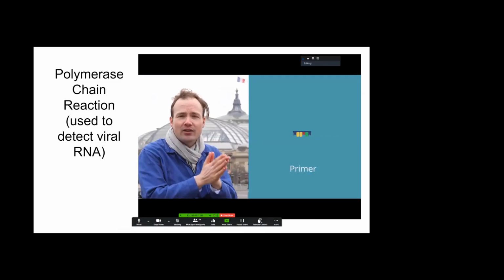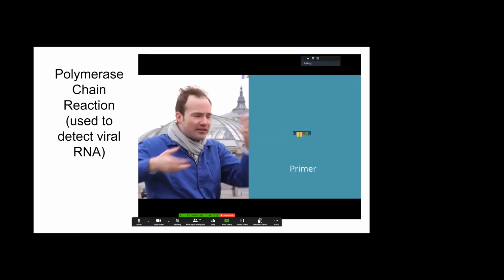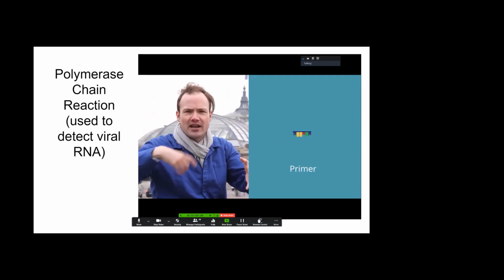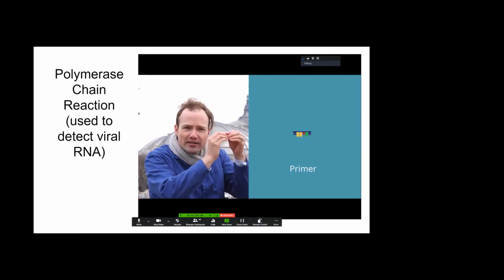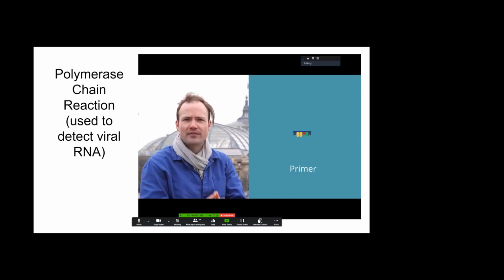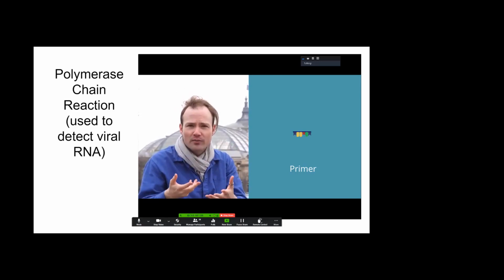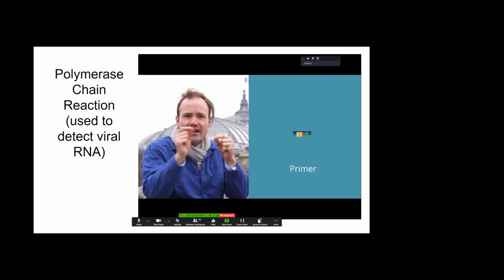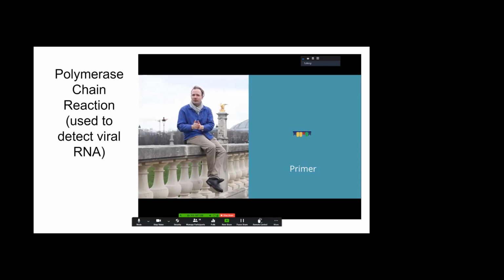Next, we have to tell our DNA polymerase where to start. You see, the enzyme doesn't just bind to any old piece of DNA and start going. Instead, it can only add nucleotides to the 3' end of a growing DNA strand. It looks for places where the DNA double helix is partially formed, but with single-stranded DNA hanging off the side. We can create these points using primers, short pieces of single-stranded DNA that give the polymerase a place to start.